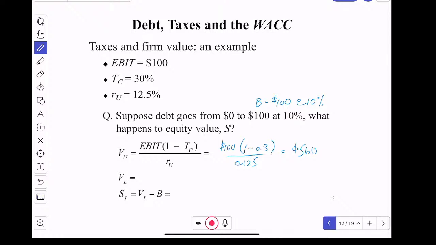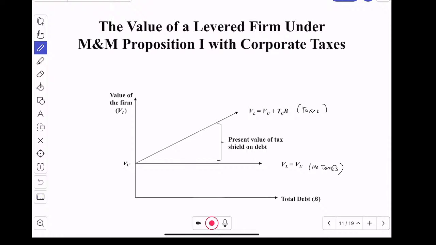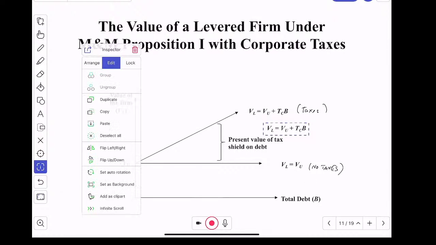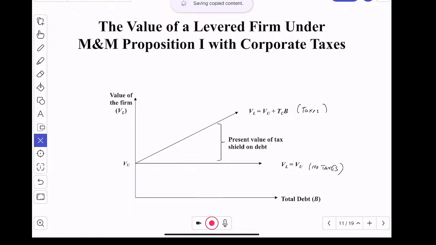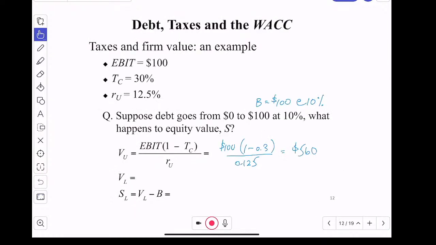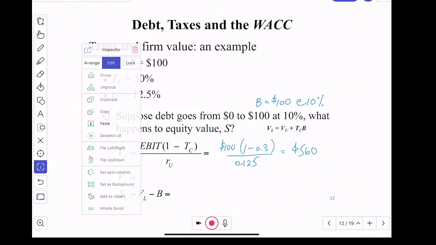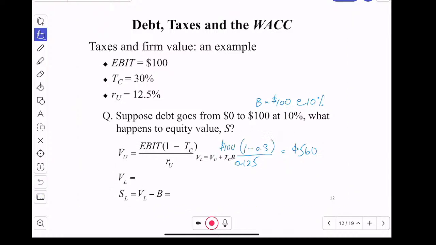Well, we learned here that the value should be determined this way. So I'm not inventing this.